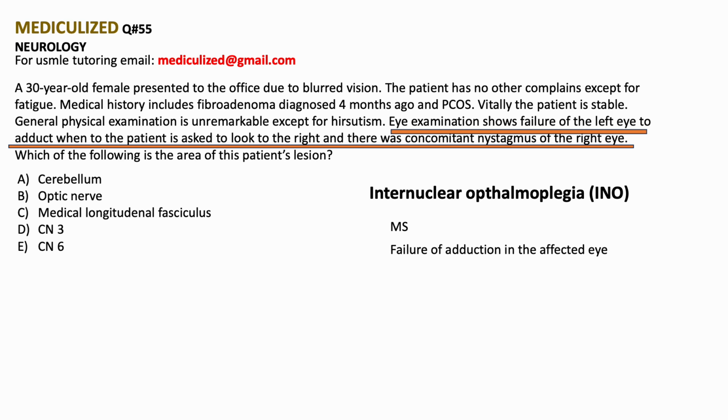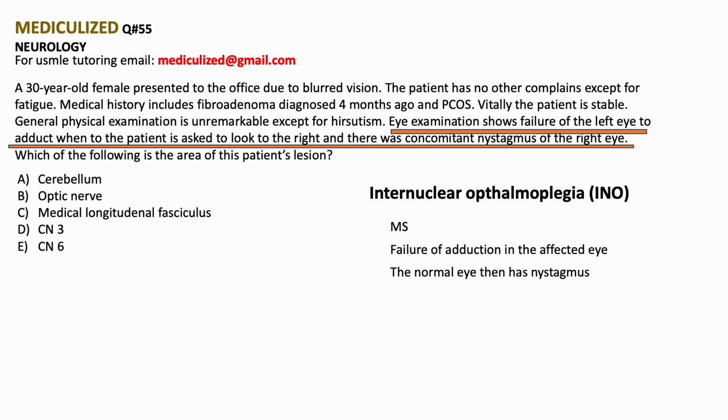So failure of the adduction in the affected eye, high yield to know. For example, if here they said that the left eye failed to adduct, this is the side with the lesion. Left MLF has a lesion. We will discuss this in a bit more detail. And the normal eye then has nystagmus.